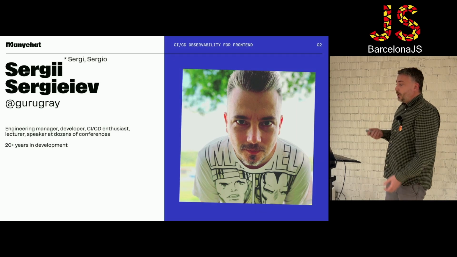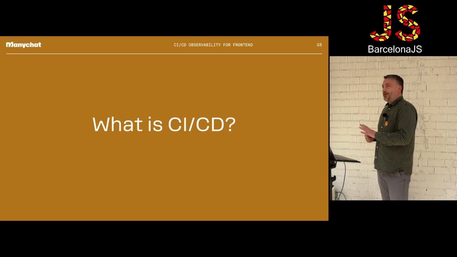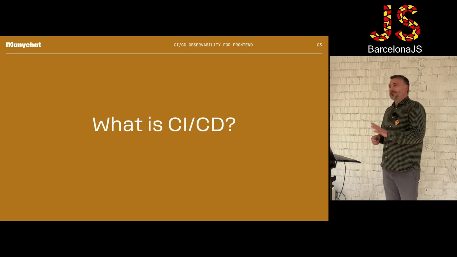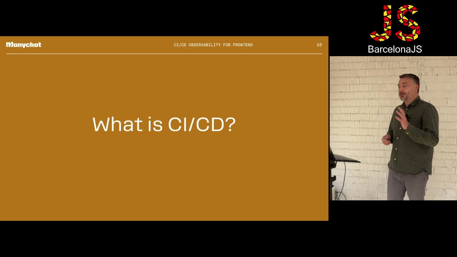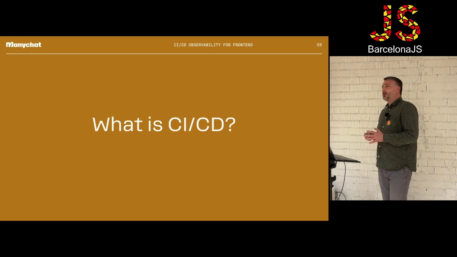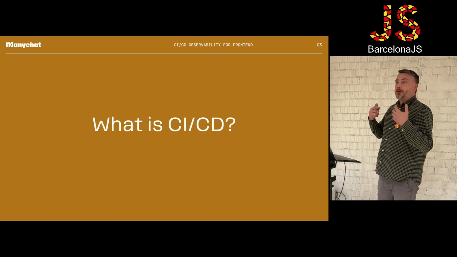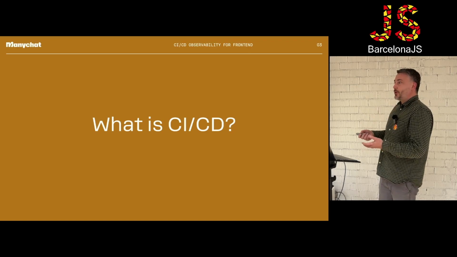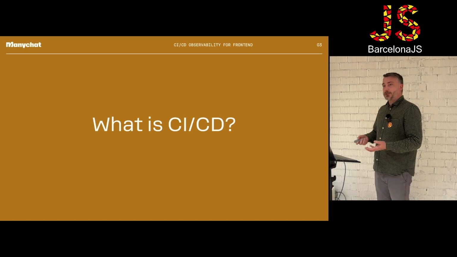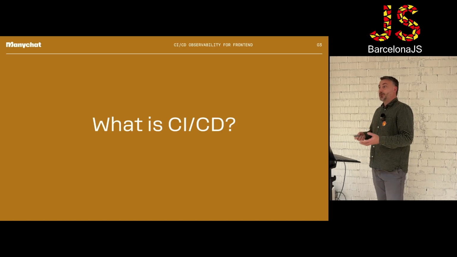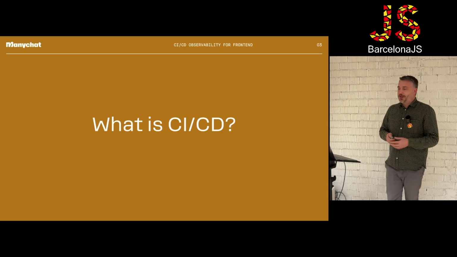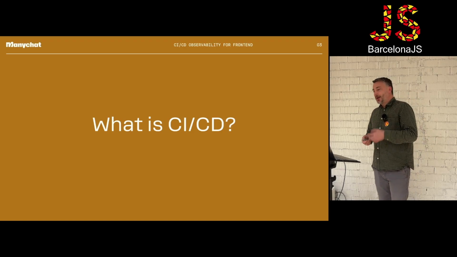So, a short reminder, what is CI/CD? Just to clarify, it's a set of techniques and practices that help you improve your development process and the seamless integration of your features, and so on. If you don't know what it is, we can talk about this later.